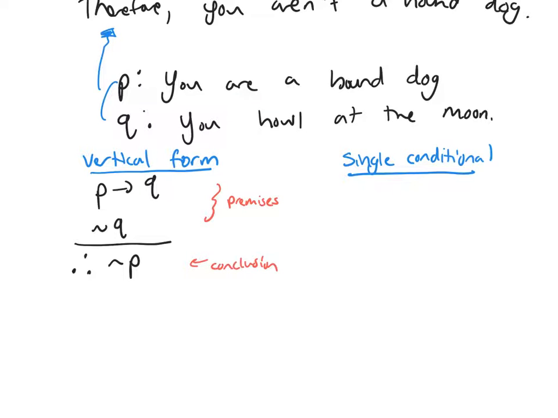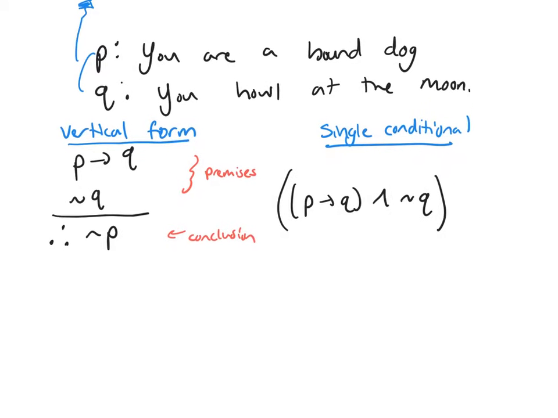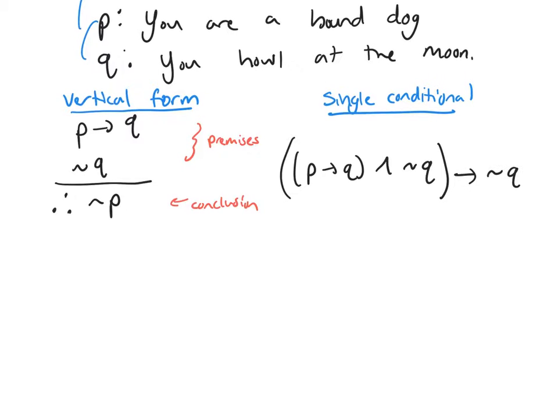So when you write it as a single conditional, you take your premises and write an and between them, if P then Q and not Q. So that all goes together. Put parentheses around it. Your conditional is if that, then, and then you put your conclusion here, not P. So remember that there are two ways to write these arguments. You can write them in vertical form or as a single conditional.